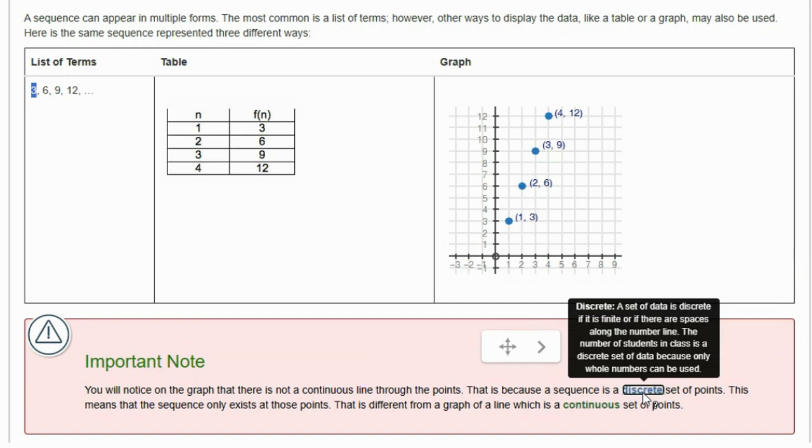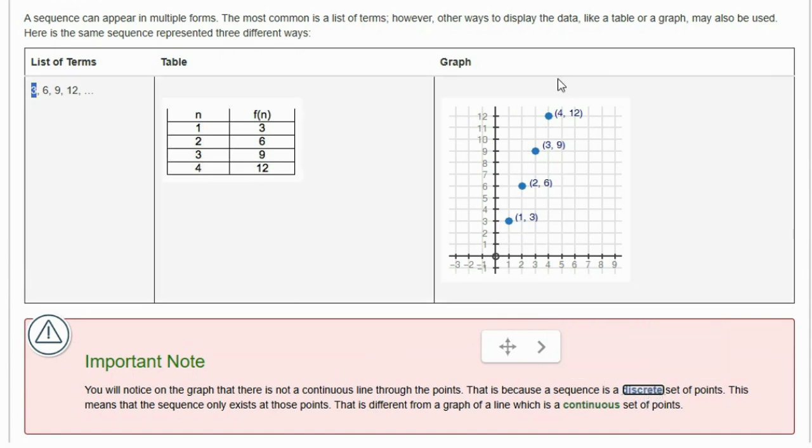There are spaces between the points. Like the number of students in a class, it's a discrete set of data because only whole numbers can be used. We don't have 2.6 students in class today. Only a discrete number. So that's one of the big differences when we graph a sequence, is that we have to only graph the whole numbers.